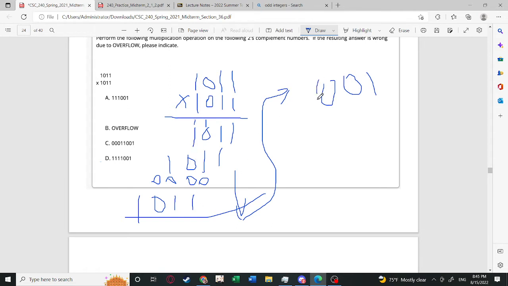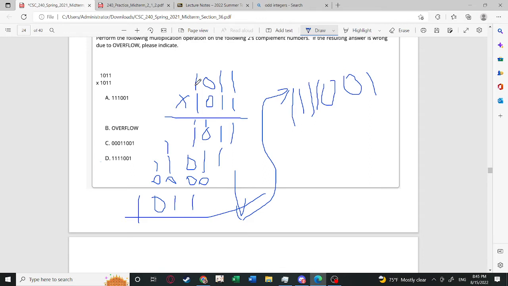So that's a 1. And then we have a 1 here. This one is also a 1. We get 1 here and 1. And this one just adds up. So here's the answer. Right.